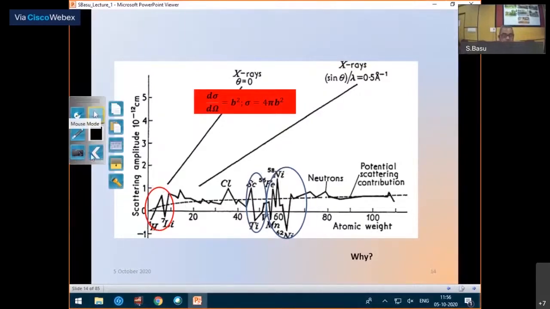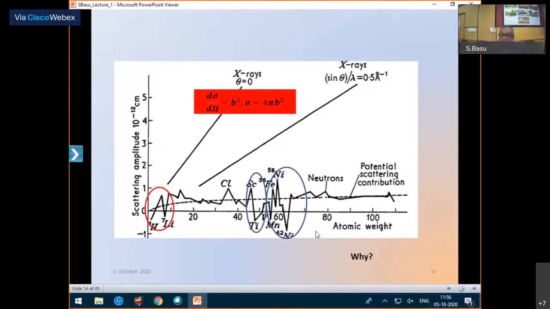Actually, hydrogen is a very strong scatterer of neutrons. So hydrogenous material, or sometimes selectively deuterated material, can be used in neutron scattering, whereas these atoms cannot be detected using other techniques, most importantly using X-rays.